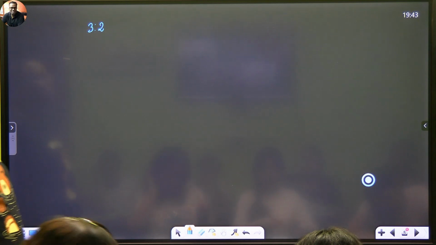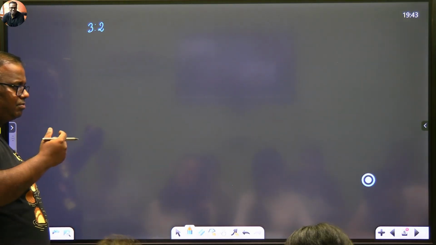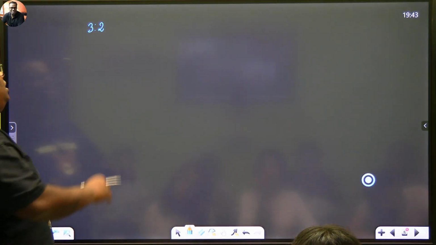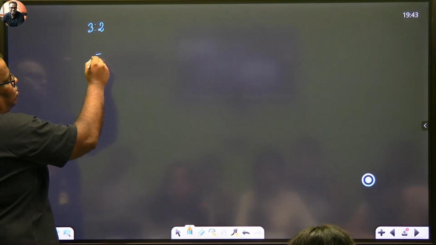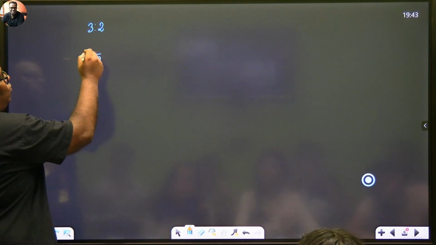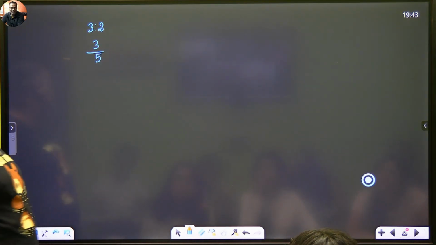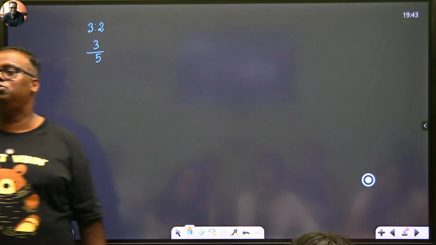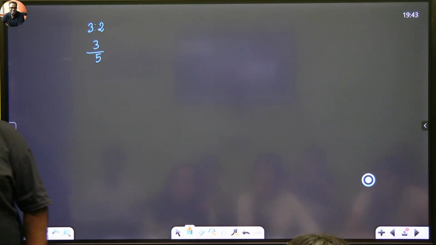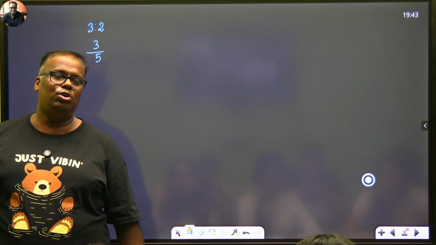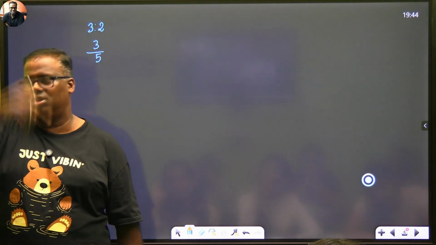How do we see the proportion here? Add up the ratios. 5. Out of 5, 3 parts will be boys, and out of 5, 2 parts will be girls. So if you add 3 by 5 and 2 by 5, what do you get? 5 by 5, which is 1, which is the classroom.